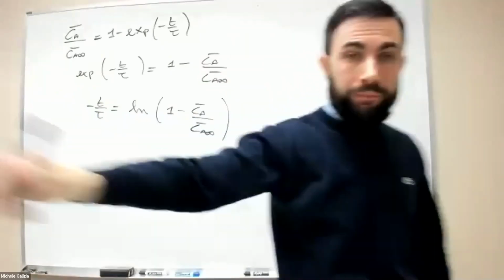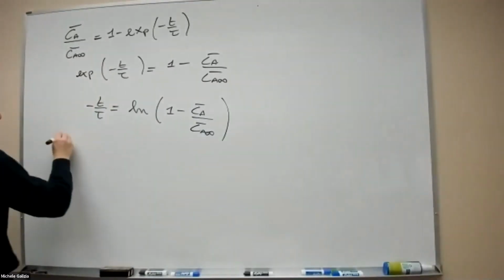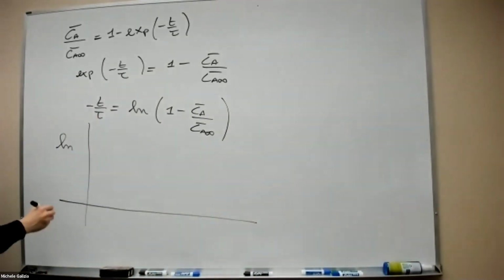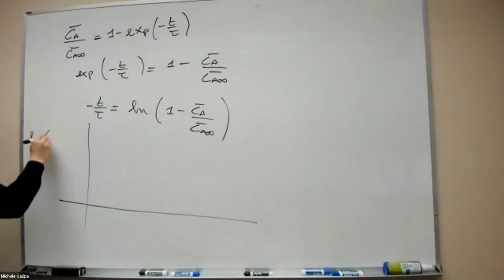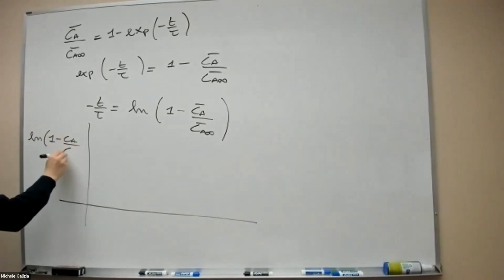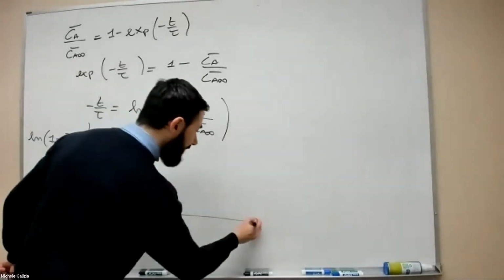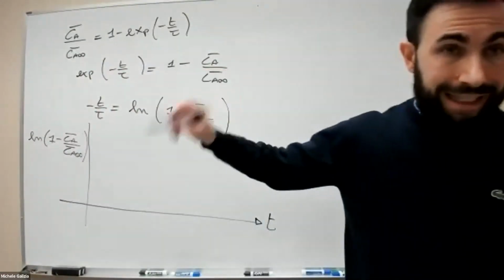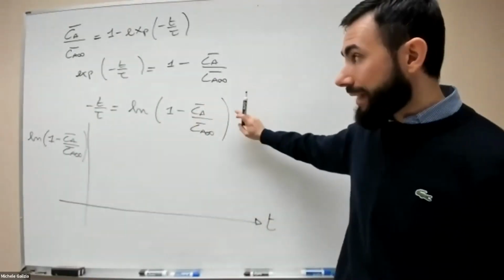So what you have to do now is go in Excel and report the logarithm of 1 minus CA over CA infinity, as you have CA and CA infinity. Report this as a function of time. Just plot the data in the table in this form. What curve do you expect to get?